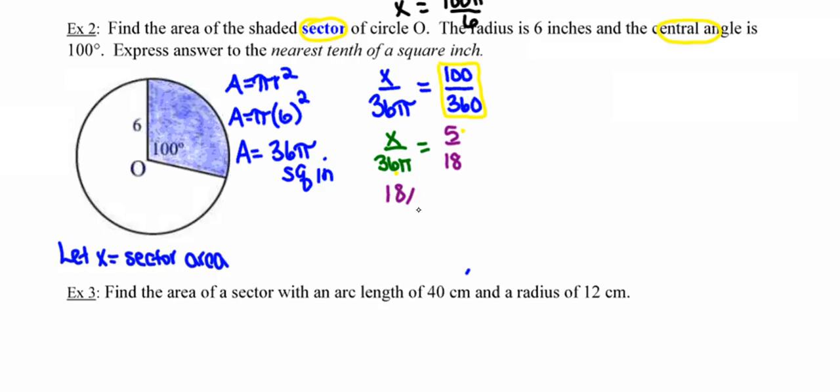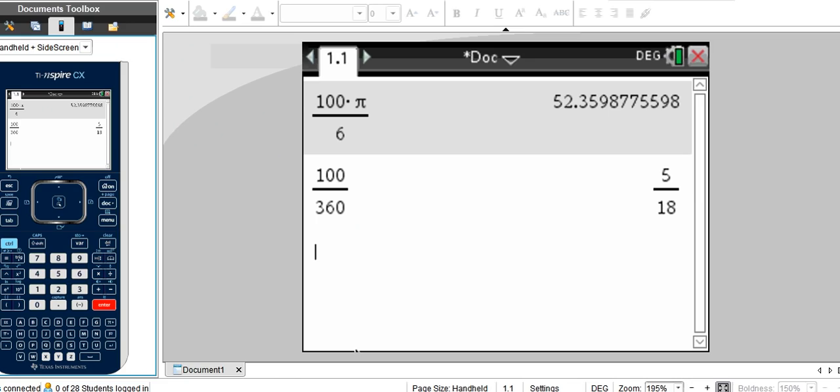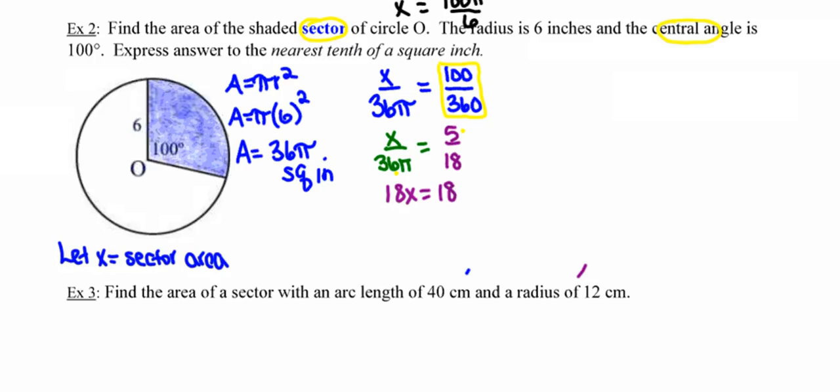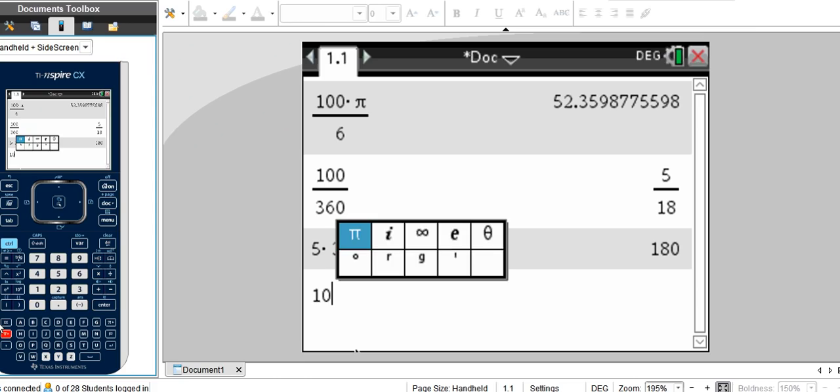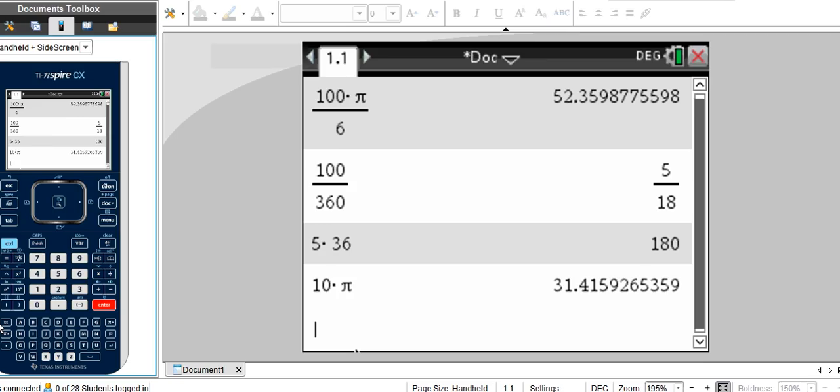So 18x, when I cross multiply going the other direction, ends up being 5 times 36. That's 180 times pi then. I'm going to divide both sides by 18. So x ends up being equal to 10 pi. And they want this to the nearest tenth. So I'm going to grab my calculator and find 10 pi to the nearest tenth. So 31.4.